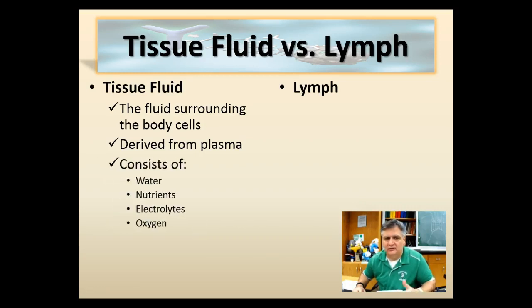Tissue fluid consists of water primarily, but it also contains nutrients, electrolytes, remember those are positively or negatively charged ions, and oxygen. It also contains varying amounts of hormones that are secreted by the endocrine system, enzymes, which are not activated right now but will have the ability to catalyze chemical reactions, and various waste products that are produced by the cells.